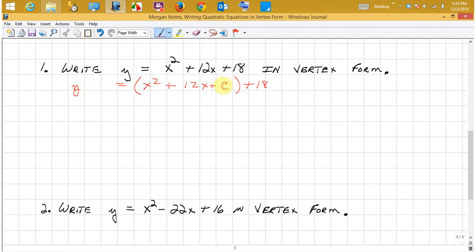So if I add c to the one side, I have to add it to the other. And so to figure out what's going to make a perfect square, I take half the center term, that would be 6, and then I square it. So c would be equal to 36. So I have to add 36 to both sides.